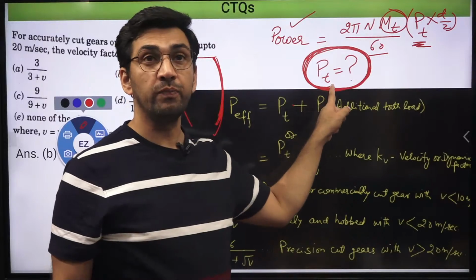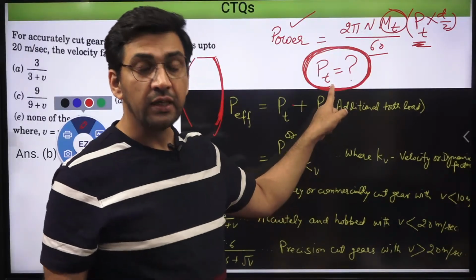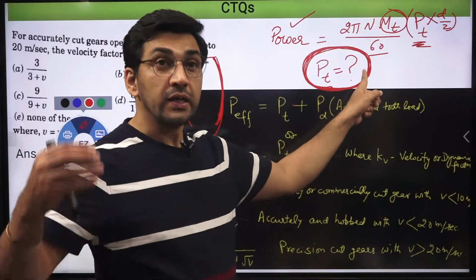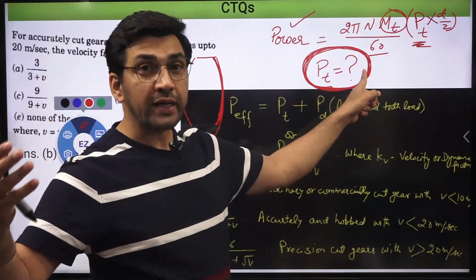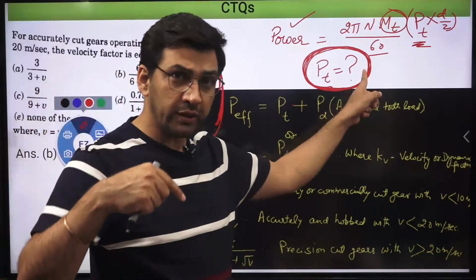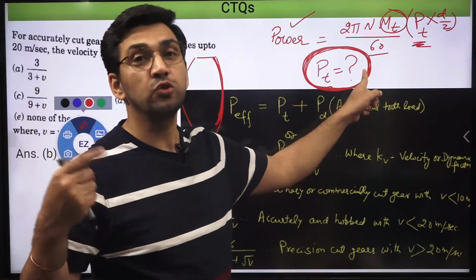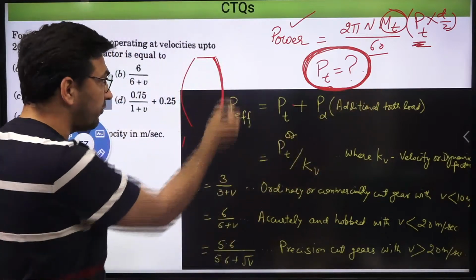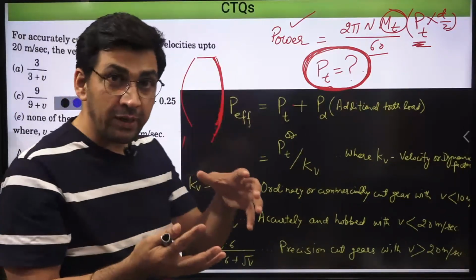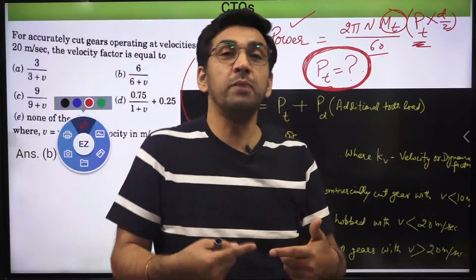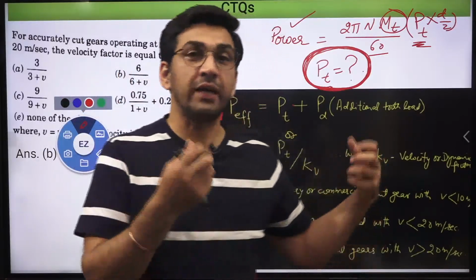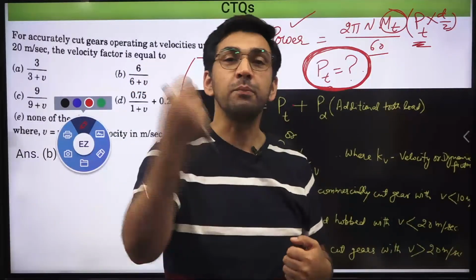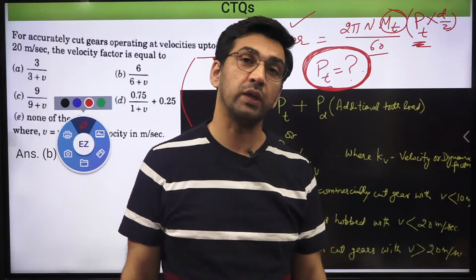But practically, there are a number of factors which decide how much is the load acting. So this is always acting. But is there any other load which is also acting on the gear tooth in addition to it? Definitely it is going to act, because your gear tooth profile cannot be perfect. There could be misalignment, and because they are running, because of those misalignment errors and other factors, while meshing, there could be some additional load acting on those gear teeth.